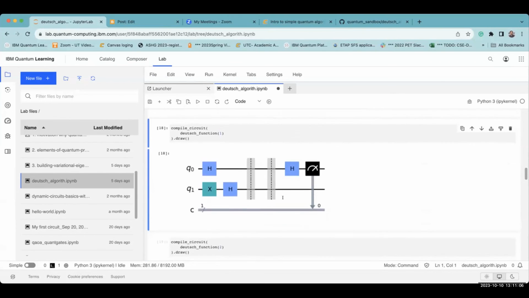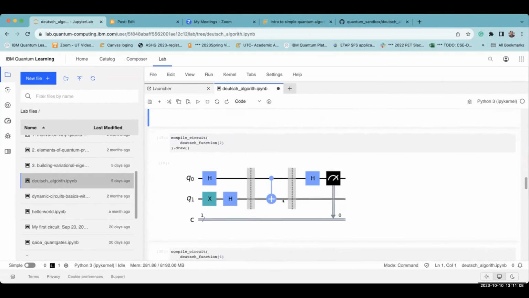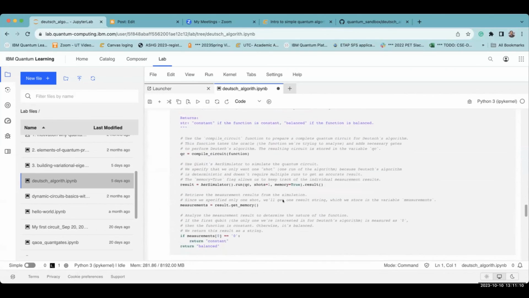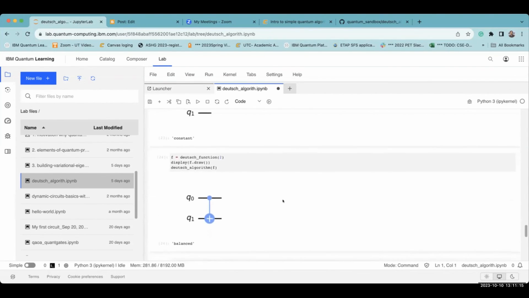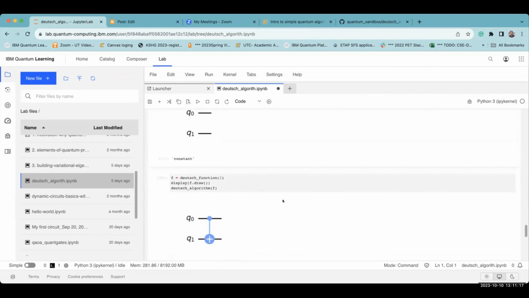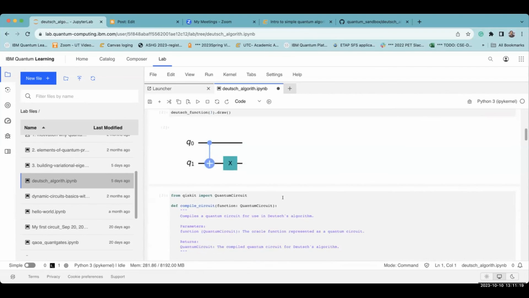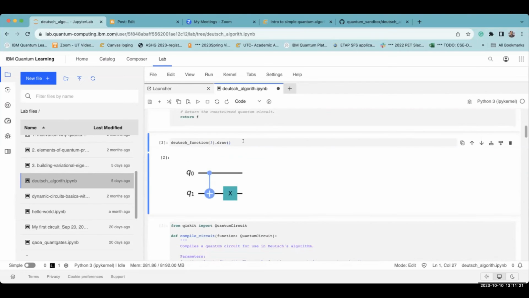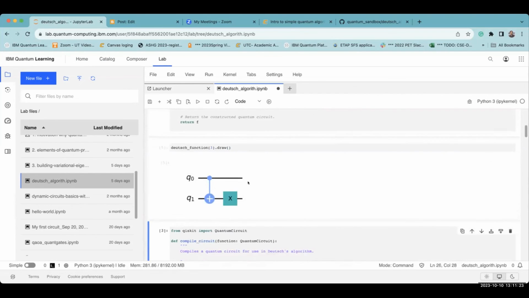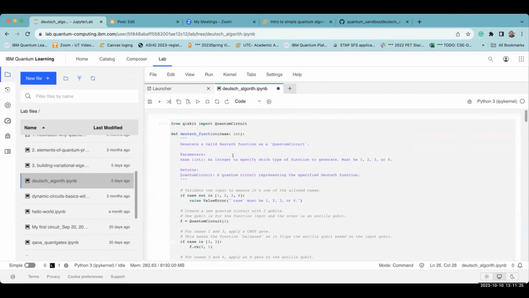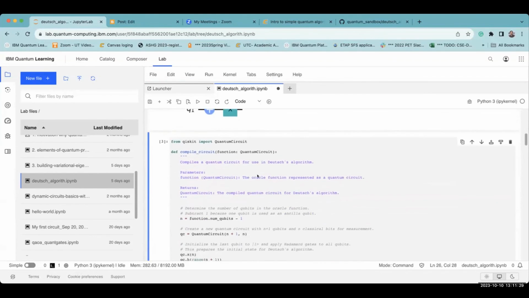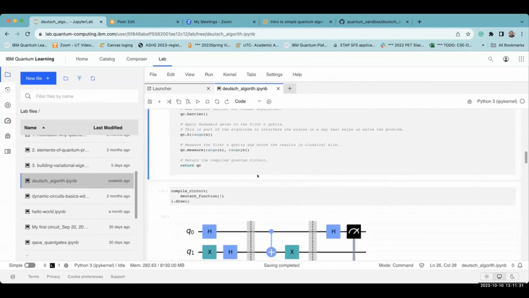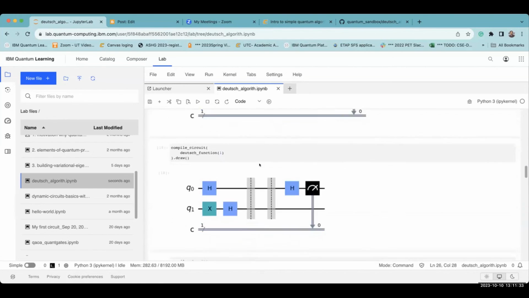So, okay, I don't see the readout coming out. It didn't print out the readout. It should print out balanced. Okay, I missed the printout. It just drew the gate.